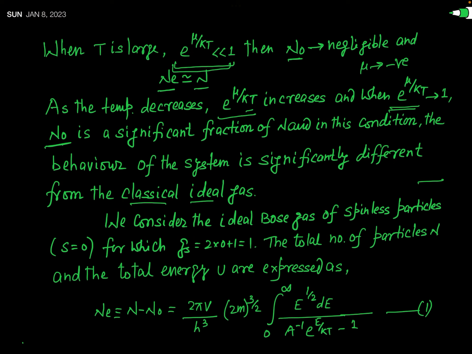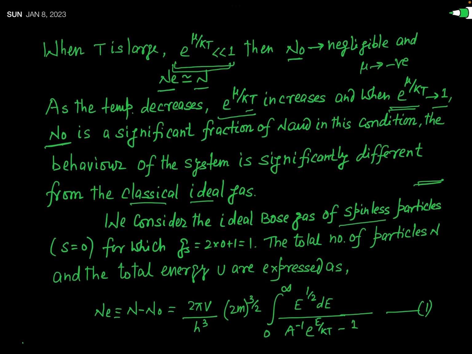Now, as you know, the Bose gas consists of bosons, and bosons have integral spin, which may be 0, 1, 2, 3 and so on. In this discussion, for simplicity, we consider that our ideal Bose gas consists of spinless bosons, or spinless particles.